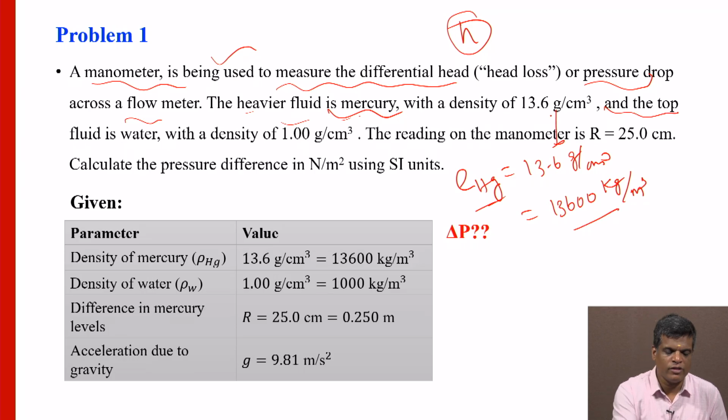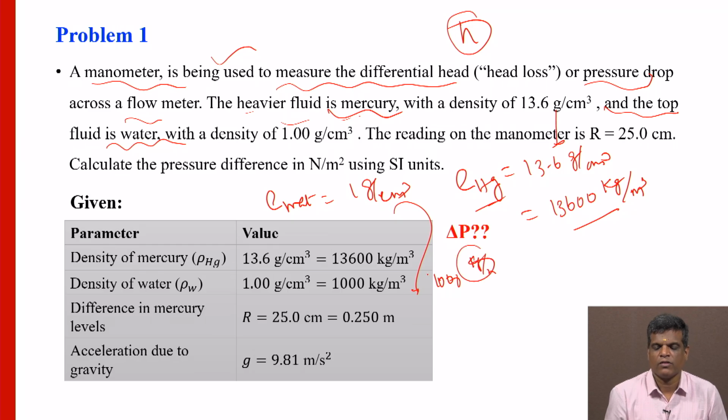Then the top fluid is water. The density of water is given as 1 gram per centimeter cube. You convert it to 1000 kg per meter cube. Then the reading of the manometer, the R value, is already given: R equals 25 centimeter.